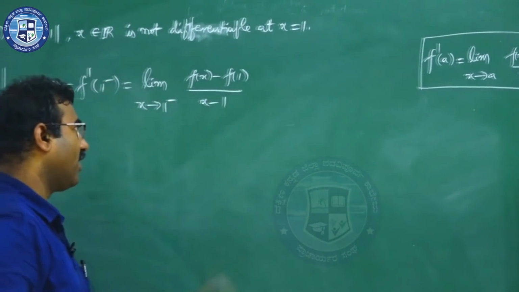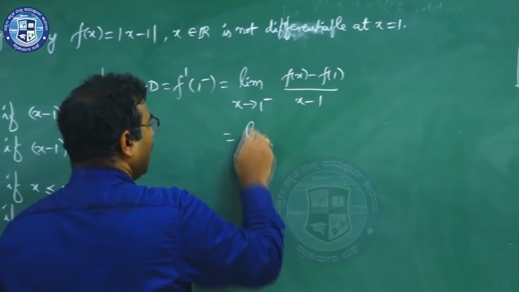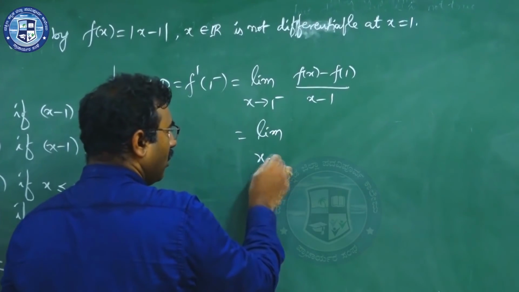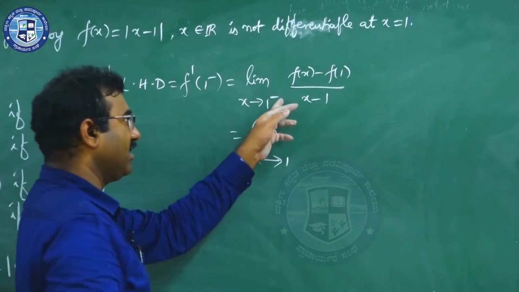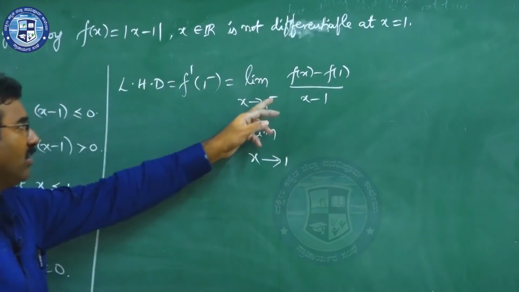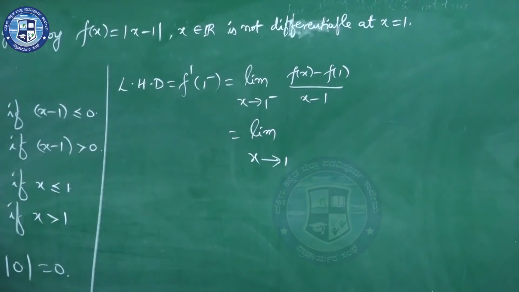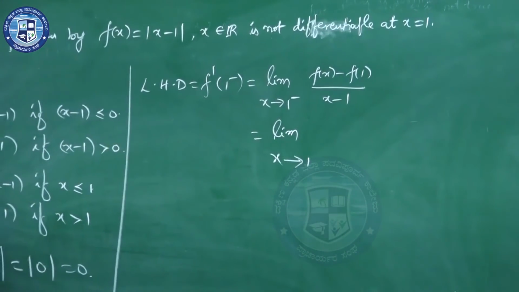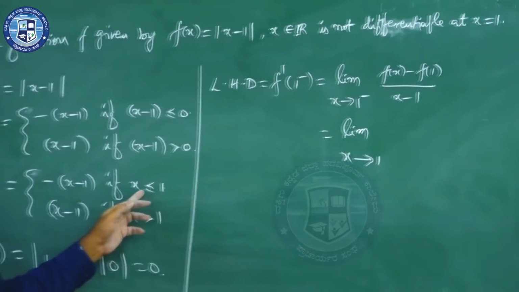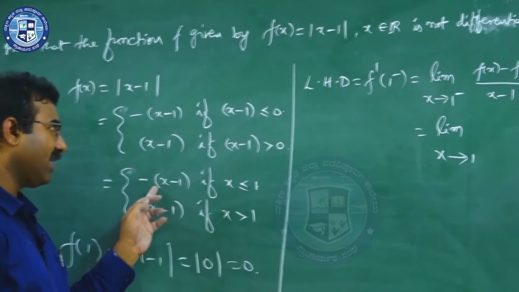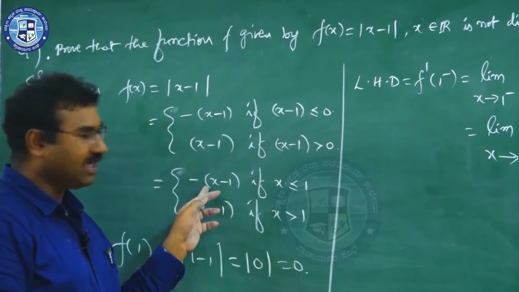Now, I use that formula. So, what I got, limit x tends to 1 minus, that means x is approaching 1 from the left. That means here x is less than or equal to 1. What function do I have to use? Minus of x minus 1 I have to use.